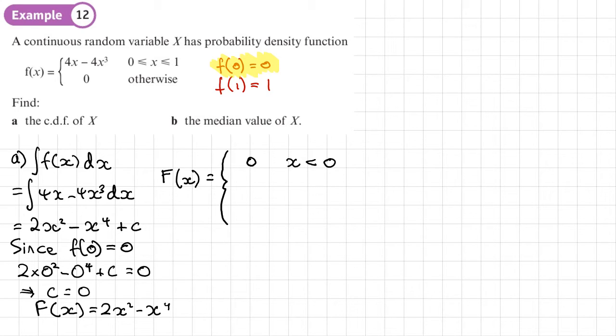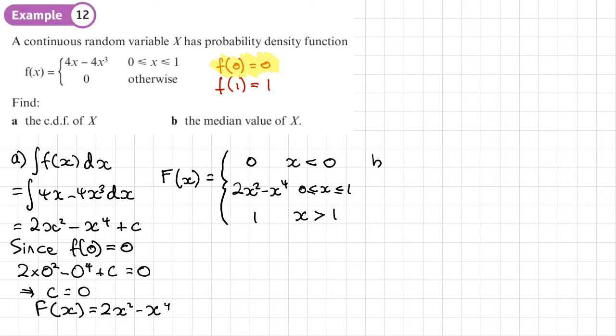Let's write down 2x squared minus x to the power 4, and that's for these values of x, 0 and 1. And then we need to say what happens when x is greater than 1: the probability is 1. So don't just work out what F of x is. We need to put it into this format here as a final answer for the CDF of x.